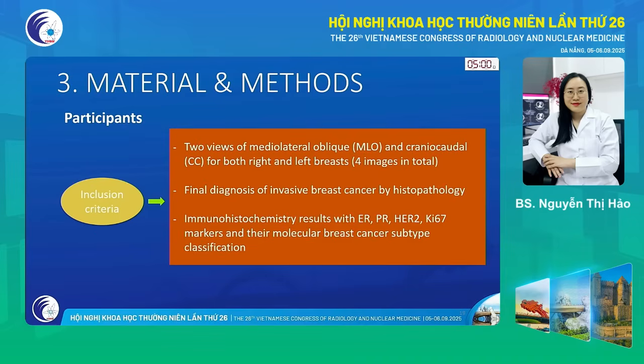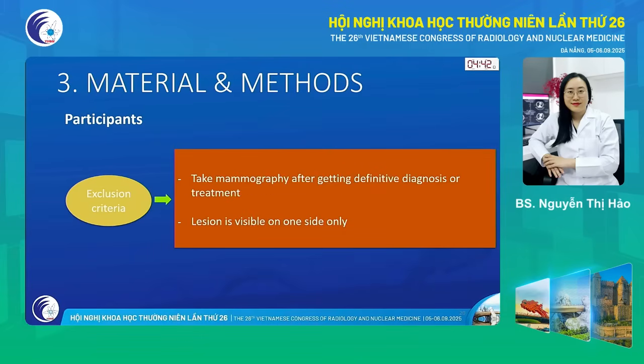About the participants, we include patients who have 2 views of MLO and 2 views of CC for both right and left breast, and the patient needs to have the final diagnosis in histopathology with IHC results and a defined subtype classification. We do not include patients who took the mammography after getting a definite diagnosis or treatment, and where the lesion is visible on one side only.